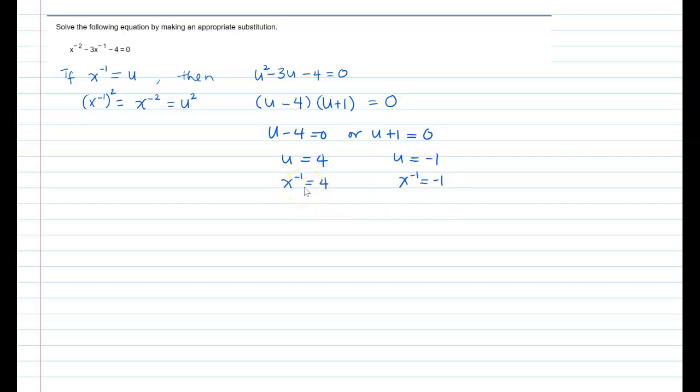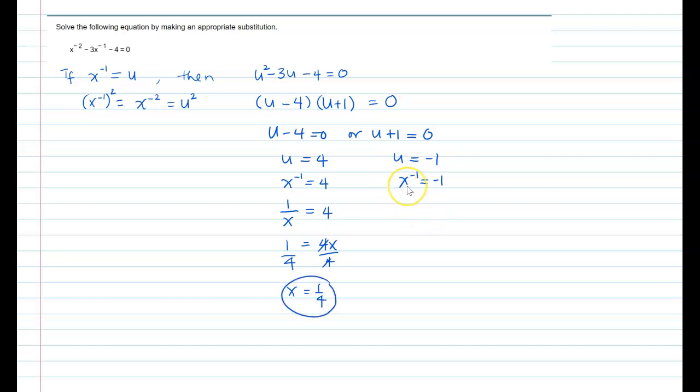X to the negative 1 is the same as 1 over x. That's laws of exponents. So you have 1 over x equal to 4. Then to solve this, you can cross multiply. You can have 1 equal to 4x, and then divide both sides by 4. So x is equal to 1/4.